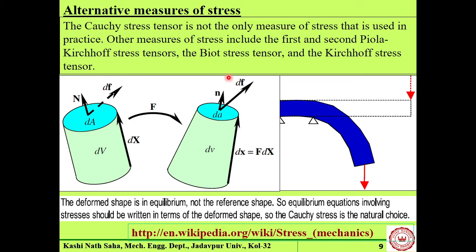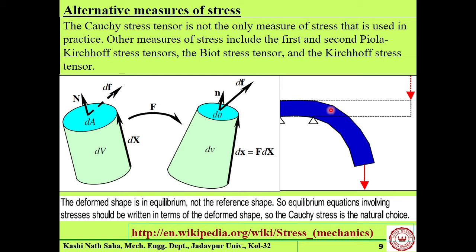Obviously, it is not valid corresponding to the initial geometry or initial phase of the material. Say this is the initial geometry of the material which is under some loading. If this is the final deformed shape, then of course our equation of equilibrium is valid corresponding to this particular geometry. The same thing is true here also.